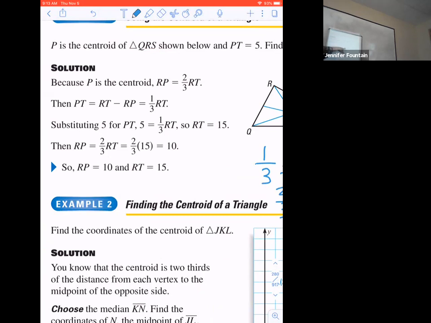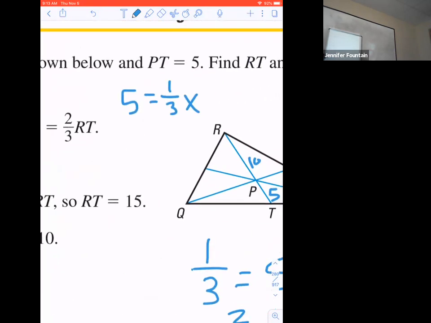Now, if you would rather use X, you could also do that. So basically, you would just say that 5 equals 1/3 of X, okay? Now, remember, if I have a fraction that I'm trying to clear, how do I eliminate the denominator? How do I get rid of my fraction?